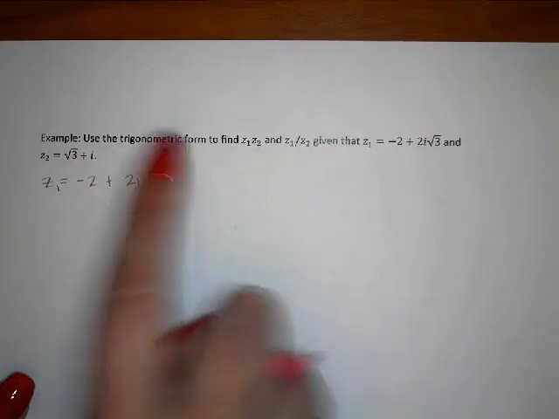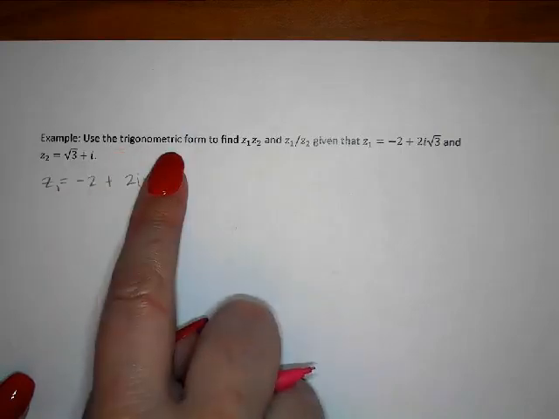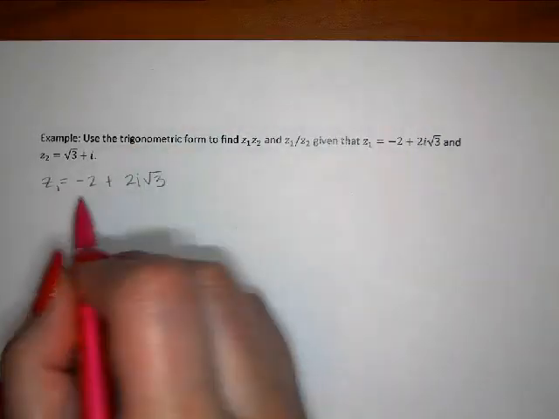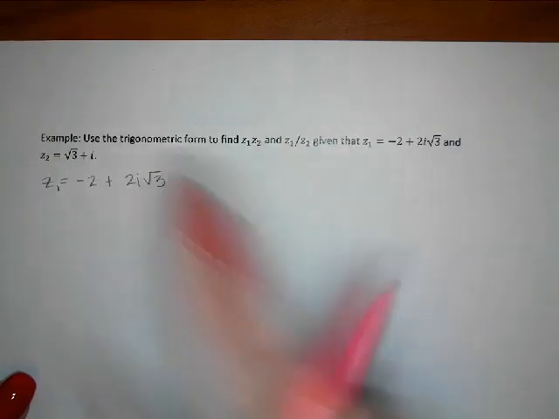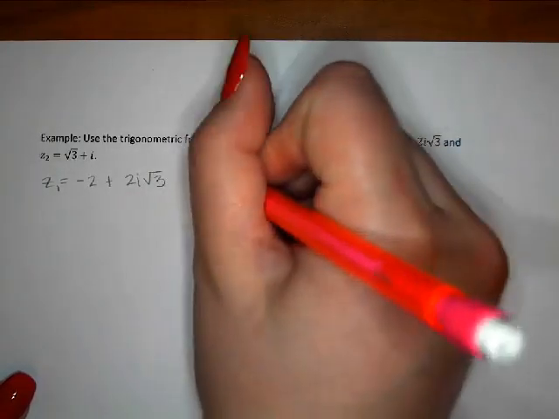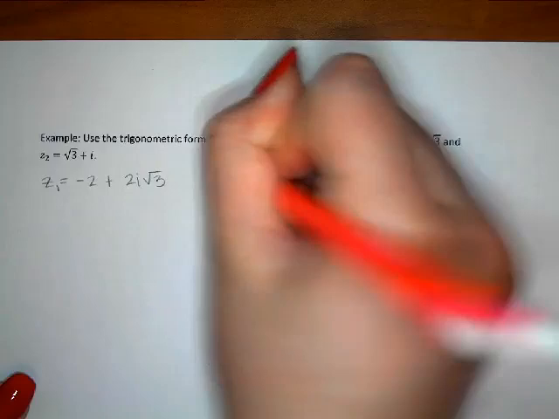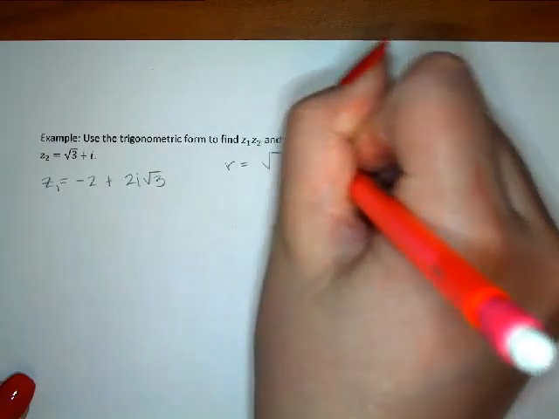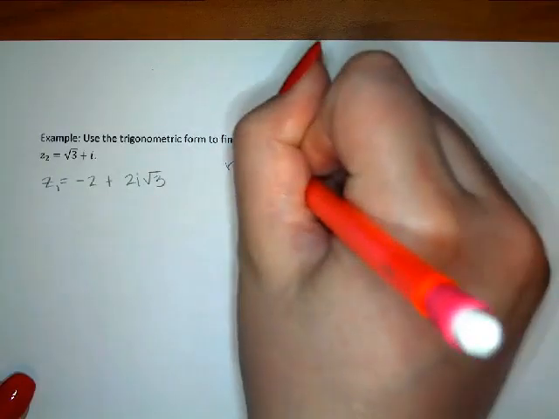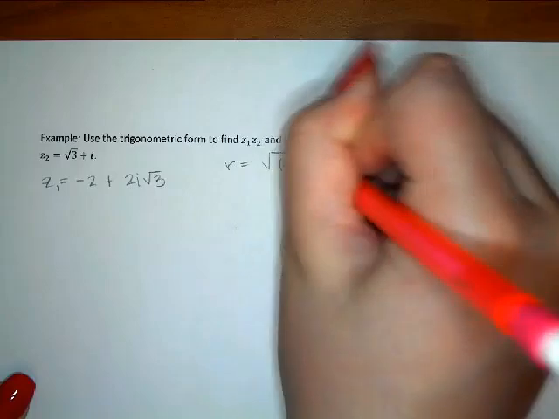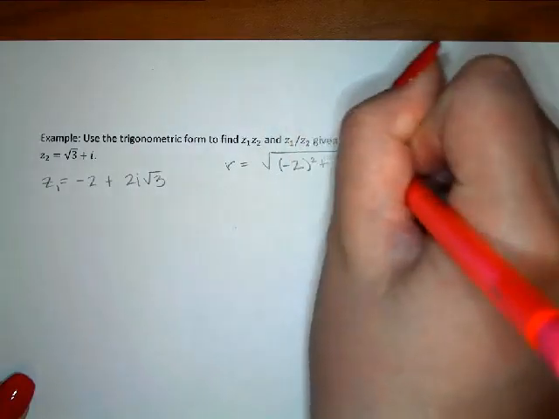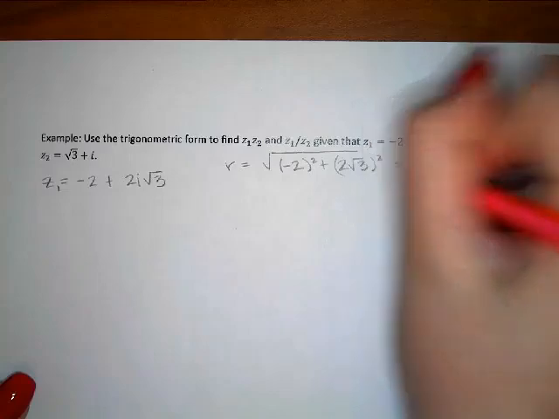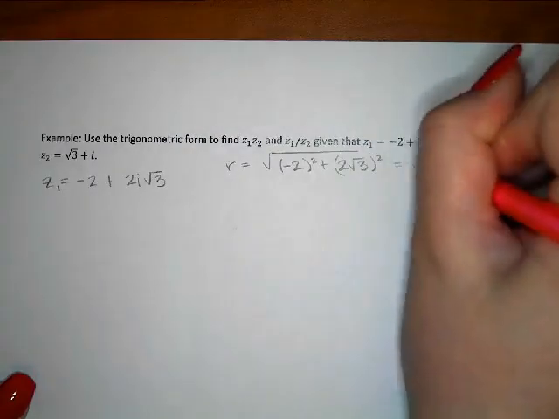Okay, so here we've got this. We have to put it in the trig form, and so I'm going to find the modulus first. So I'm going to say r is the square root of -2 squared plus 2 root 3 squared. So we have 4 plus 2 times 2 is 4. 4 times 3 is 12.